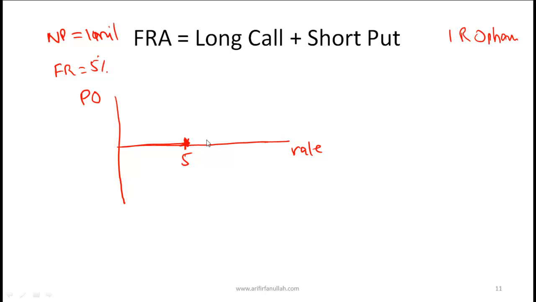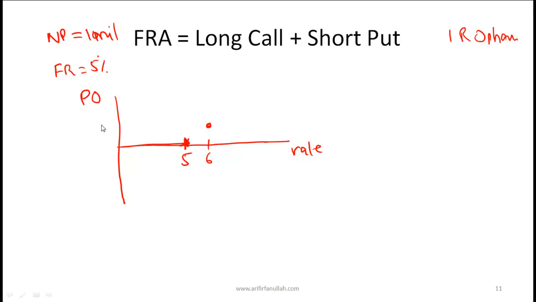Now what if the market rate on expiry is 6%? Do we benefit or do we lose? Since we are long, we actually benefit. The way you can think of this is, our contract gives us the right to borrow money at 5%, and the counterparty has to lend us money at 5%. So even though the market rate of interest is 6%, because we have that contract, that forward rate agreement, we borrow at 5%.